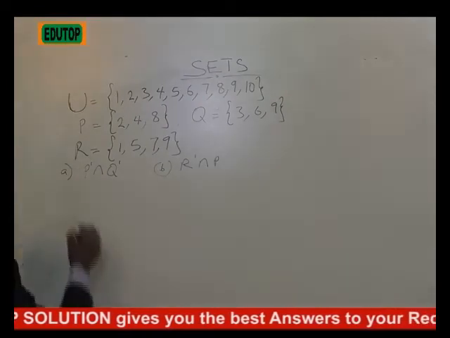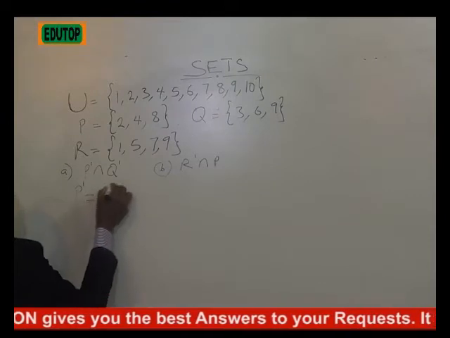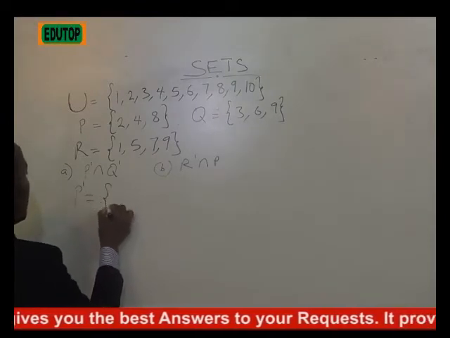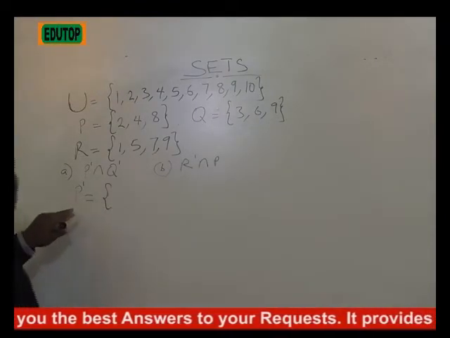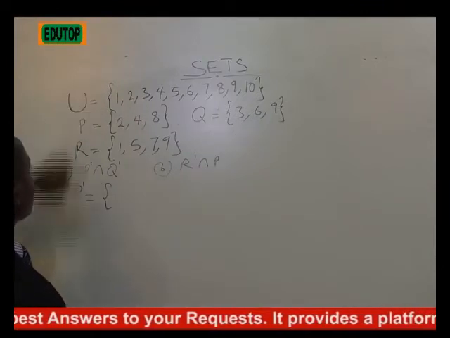For us to know our P complement, the first thing we have to do is to know our P complement, which is, that is, elements that do not belong to P but are in the universal set.